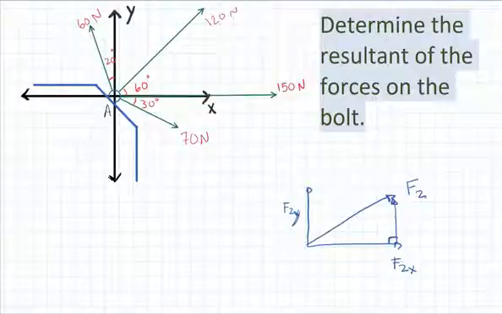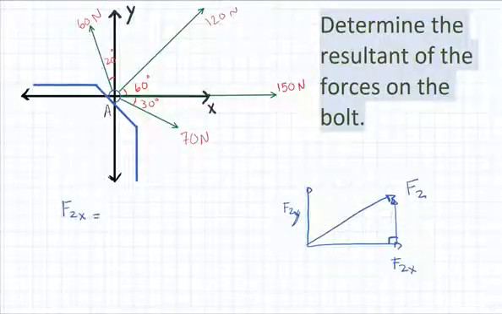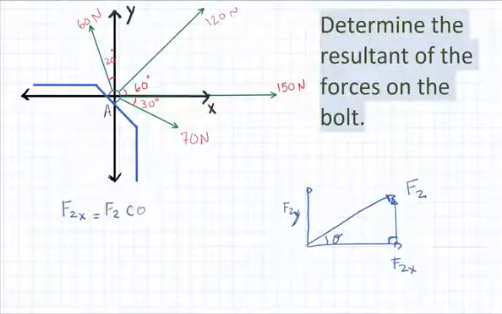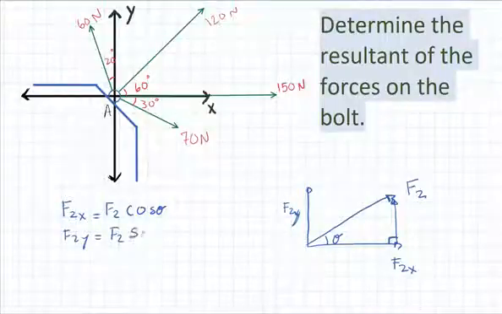So the way to find the magnitude of F2x and F2y is by using trigonometry. F2x is going to be equal to, if this is theta, F2 cosine theta. And F2y is going to be equal to F2 sine of theta.